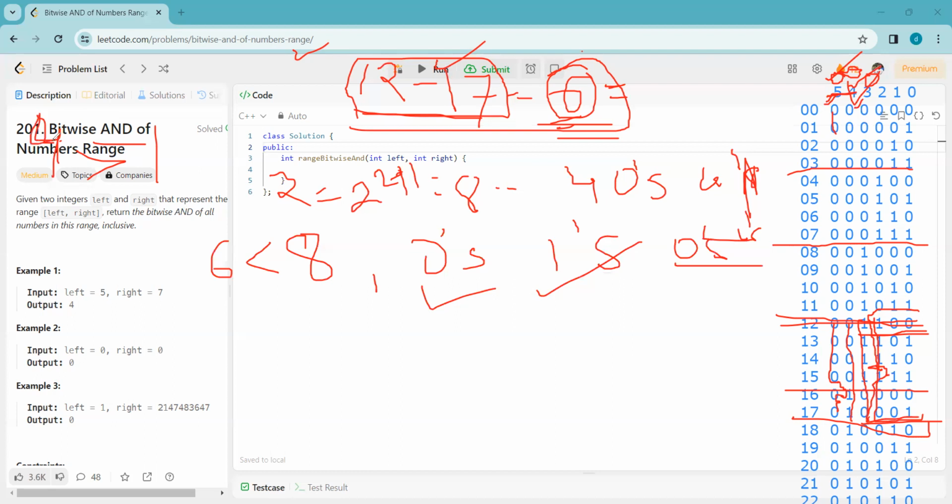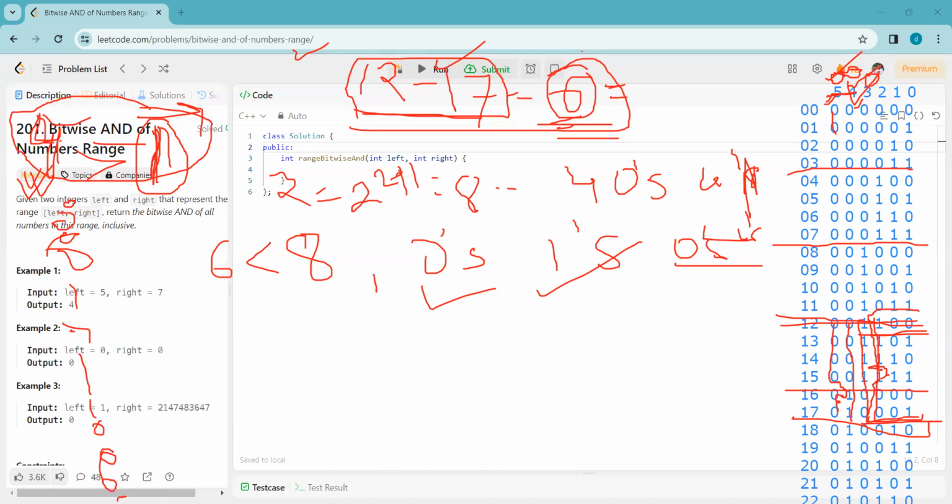Because if this range contained all ones, then the right number should definitely have been greater than 4. But since this number is less than 4, the pattern is like some 0, 0, 0, 1, 1, 1, 1, again 0, 0, 0, 0.